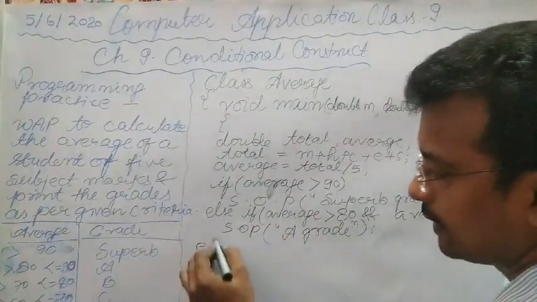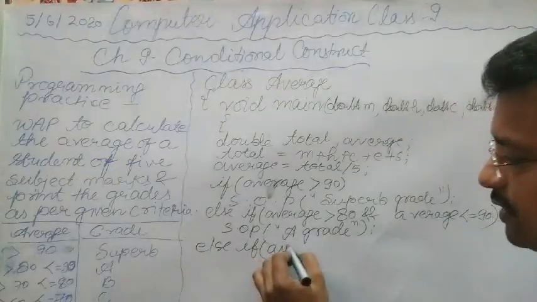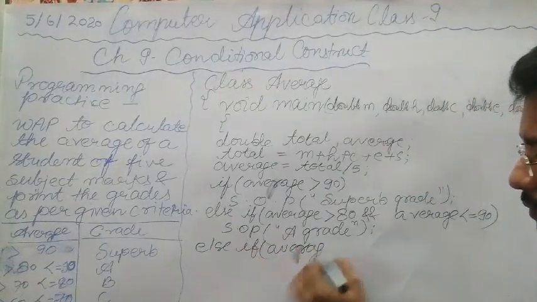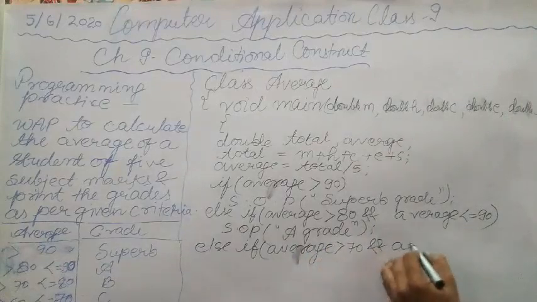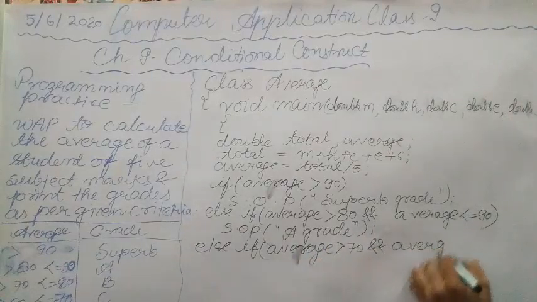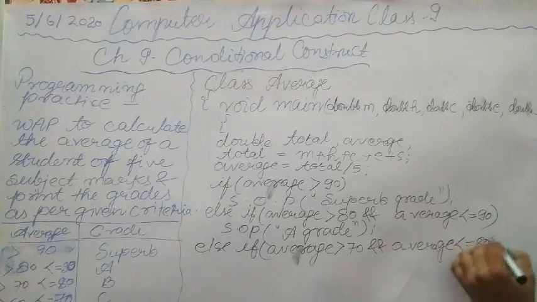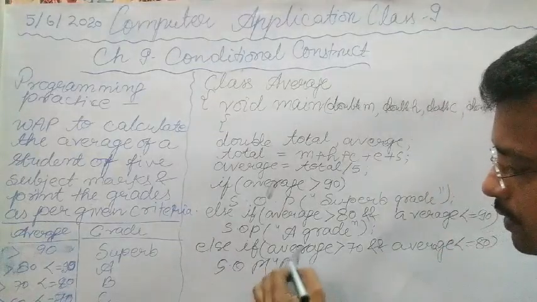Else if average is greater than 70 and average is less than or equal to 80, so System.out.print B grade.